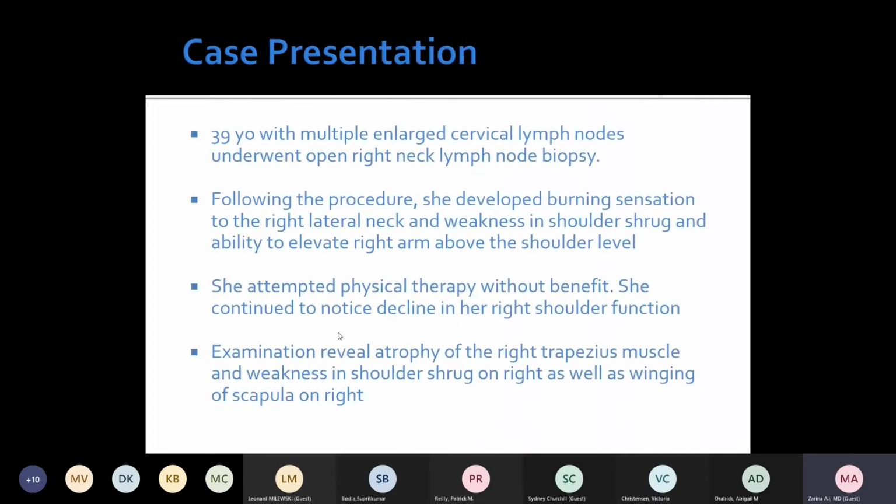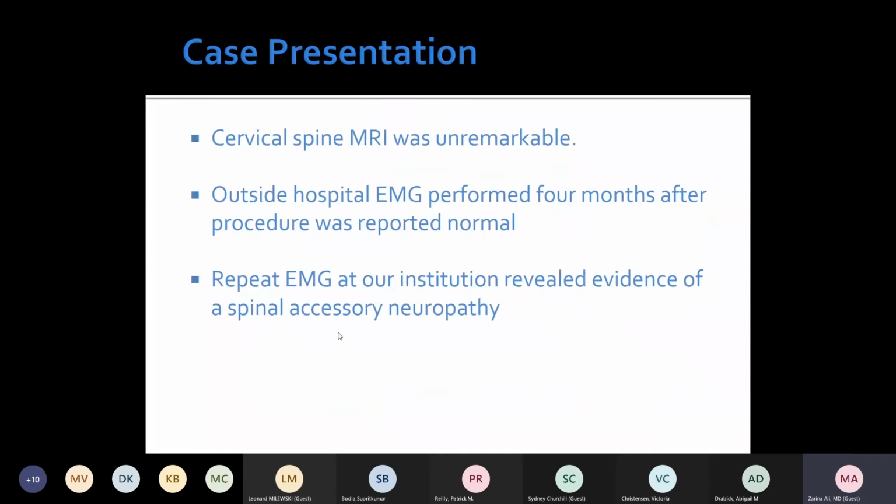So this is another example of an injury to the nerve from an iatrogenic injury. This is a patient who underwent a left lymph node biopsy, and following the procedure had severe burning in the right neck and weakness in shoulder shrug. This patient originally started physical therapy, didn't have benefit, but continued to notice a decline in shoulder function, and ultimately developed atrophy of the right trap and weakness in shoulder shrug and scapular winging.